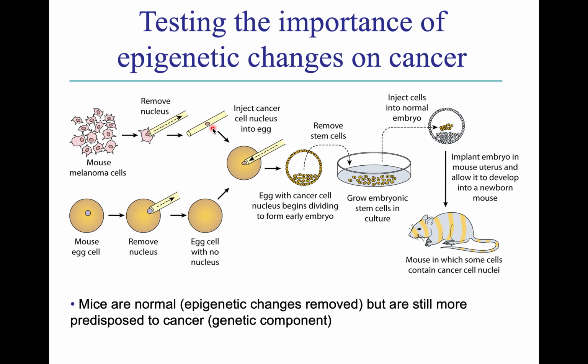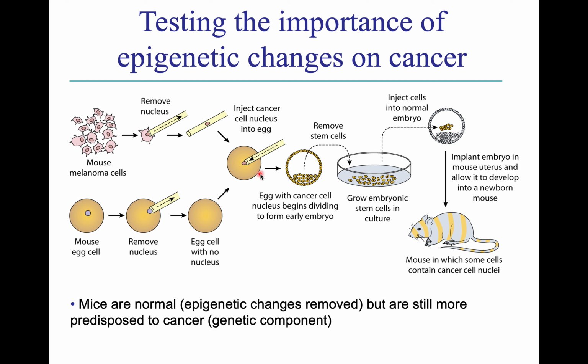So you basically have a cancer cell nucleus, right, that would have presumably lots of mutations and genetic changes that would make a cell containing that nucleus cancerous, right? We already talked about the fact that it's those changes in DNA that really make a cancer cell. And they would put that nucleus into a mouse egg cell that has had its own nucleus removed.